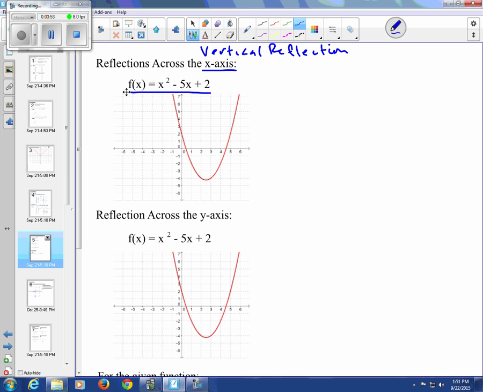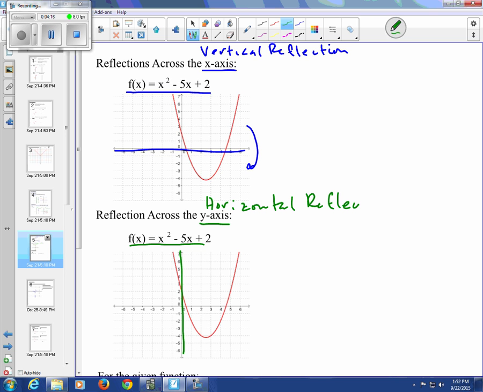You may feel like it should be horizontal because we're talking about the x-axis, but again, we're talking about a flip over the x-axis. So that's going to be a vertical reflection. And we want to reflect this same function across the y-axis, which of course is a horizontal reflection. So why don't you guys pause the video now and give this one a shot.